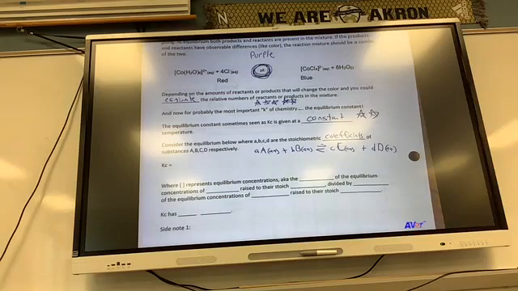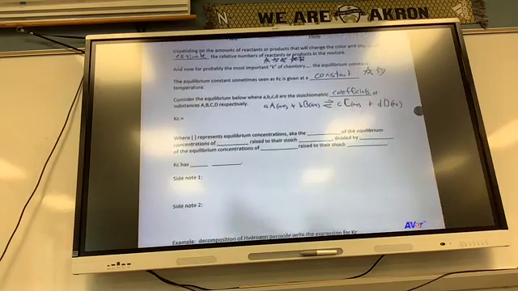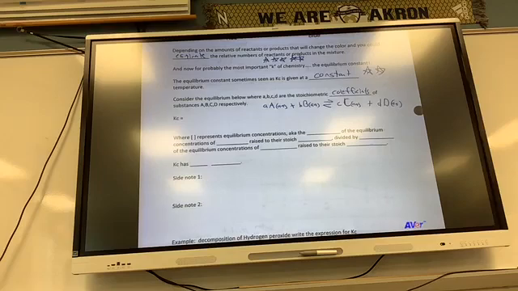The way you write a K expression is always two things. Number one, products over reactants. Number two, the coefficients become the exponents. I guarantee you on the AP test, you will have to write a K expression. And it's easy.